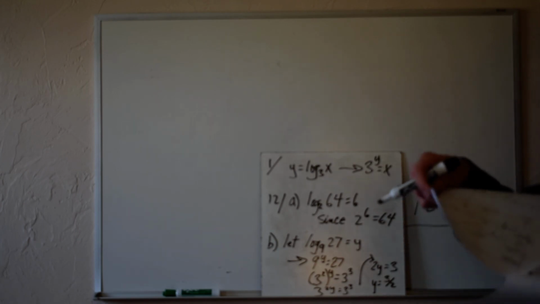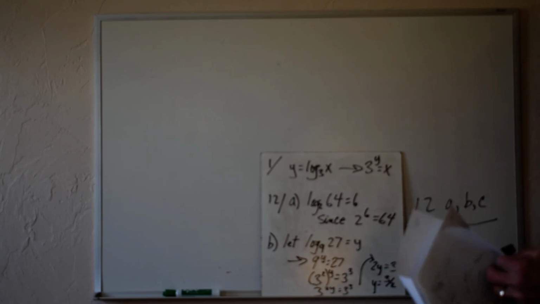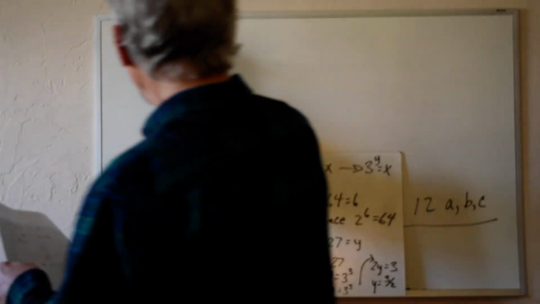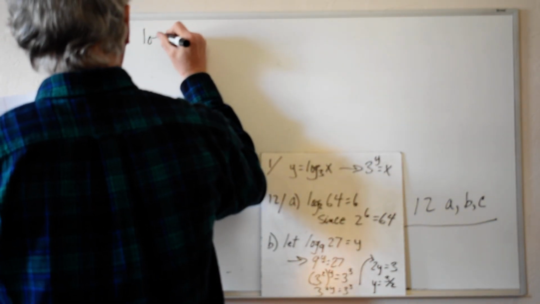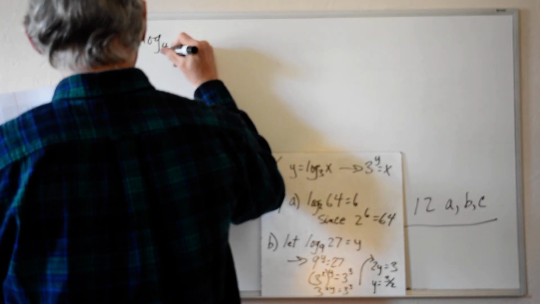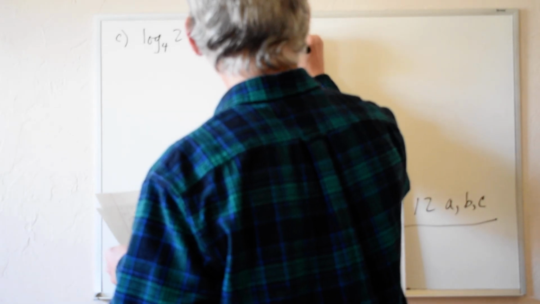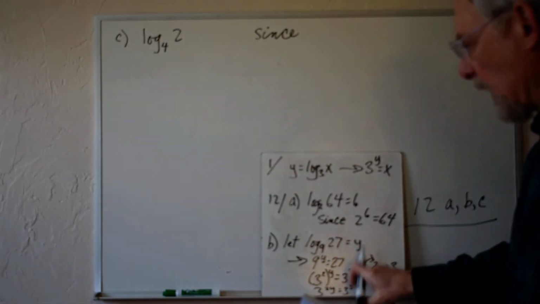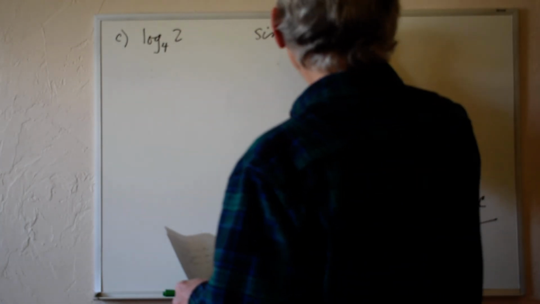And then finally, 12c, we're asked to evaluate the log to the base 4 of 2. Well, I could say let this equal y and then work like I just worked that last problem. Or I can just make this observation.